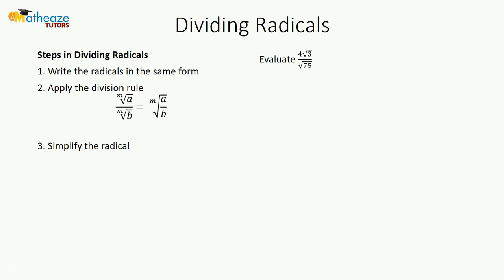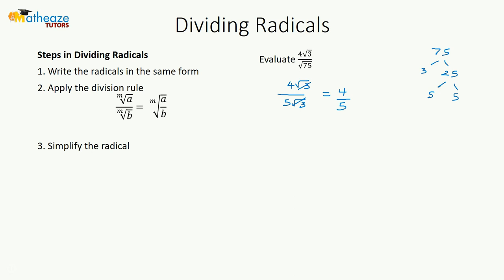So 75 is 3 times 25, and 25 is 5 times 5. So we have 4 square root of 3 divided by 5 square root of 3. We can cancel the common terms to give us 4 over 5.